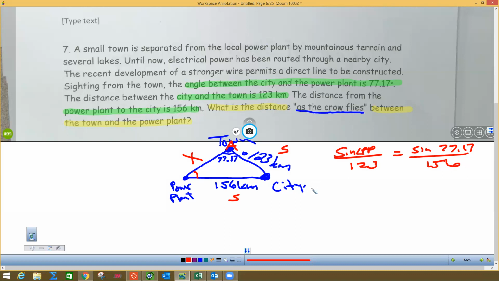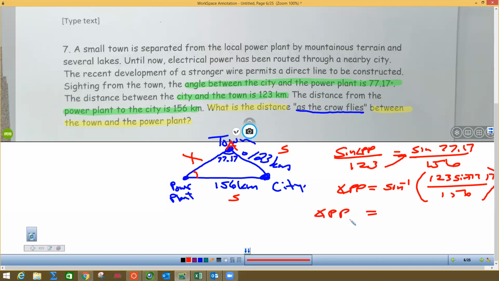Yeah, so I'm going to say the angle of the power plant, and I have to do second sine. And I have to multiply the 123 up there with that, so this is going to be 123 times the sine of 77.17 divided by 156.